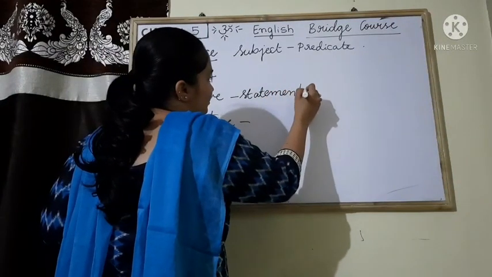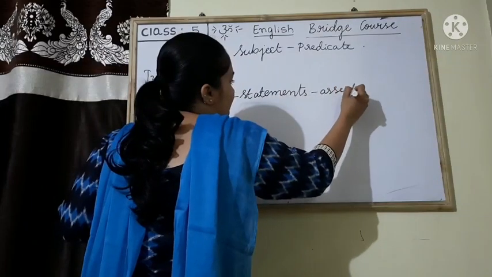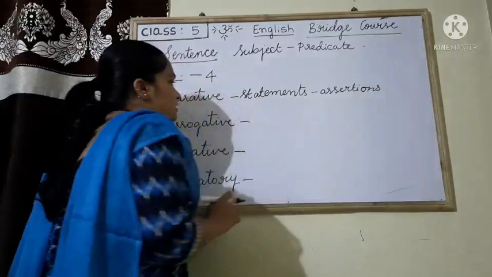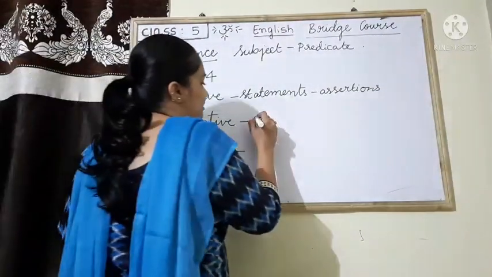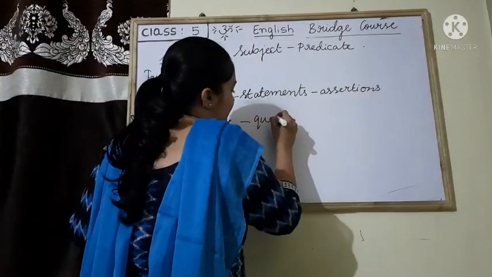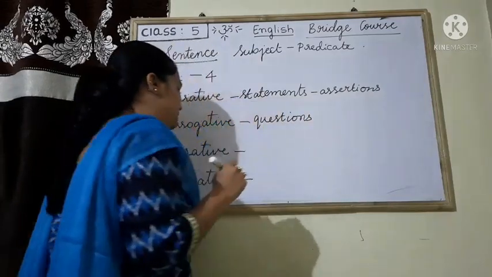Declarative sentences are nothing but statements. They are also called assertions or assertive sentences. Interrogative sentences are nothing but those used to ask questions.